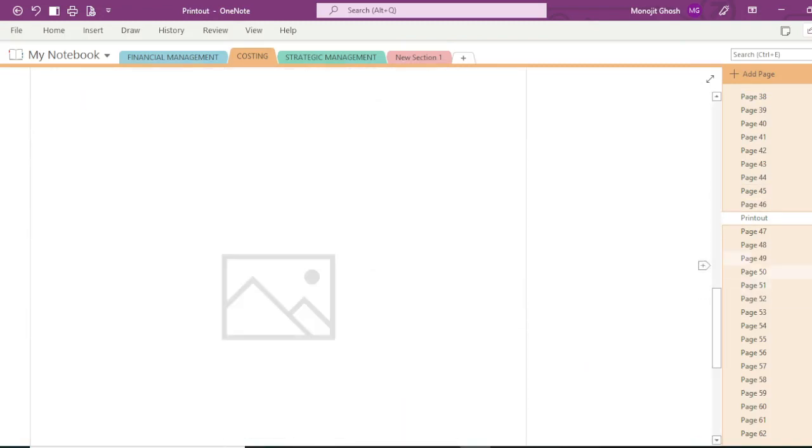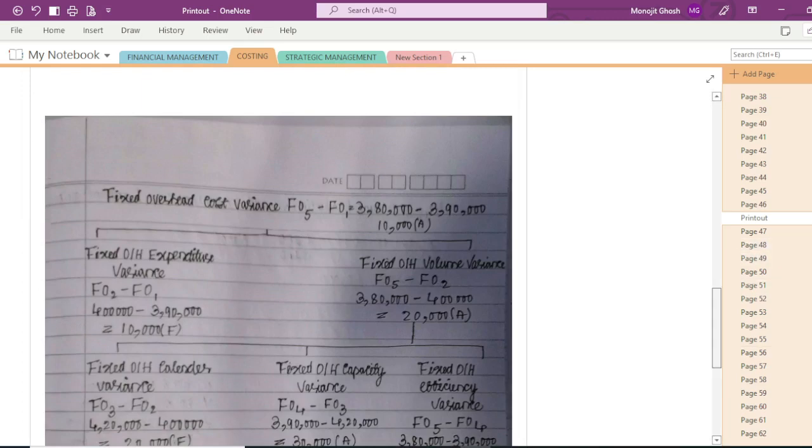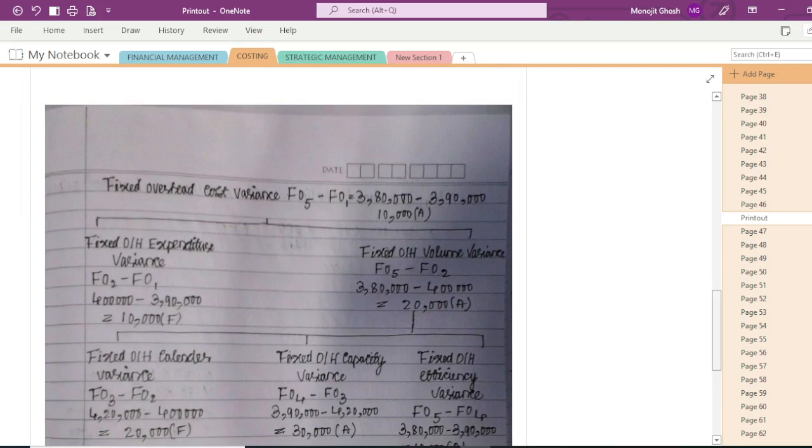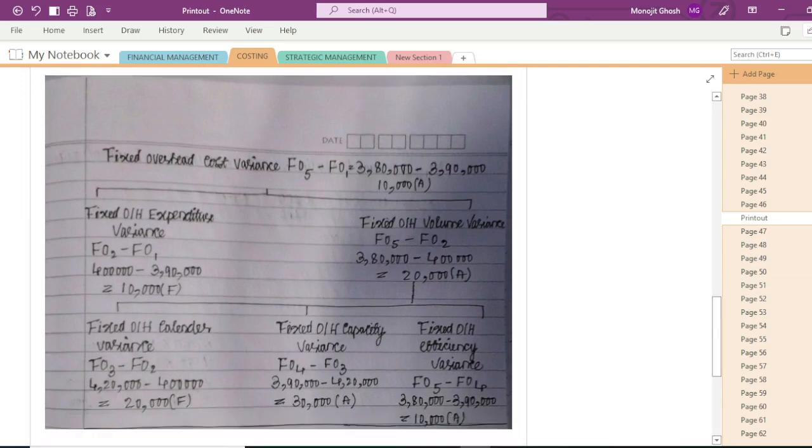Okay, this is the chart. In this chart, first you have to compute the fixed overhead cost variance. Without calculating all the five parts, you can't prepare the chart.